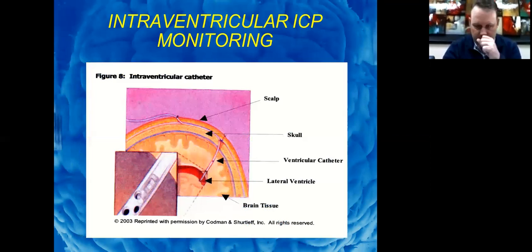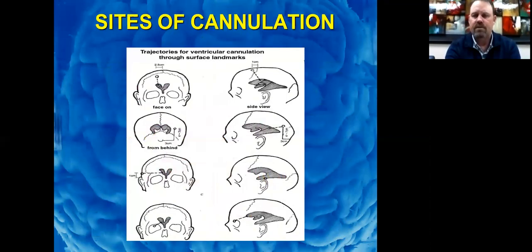So this goes through the scalp, through the skull, and into the lateral ventricle. And of course, it's going through brain tissue to do that. These are the trajectories for insertion.